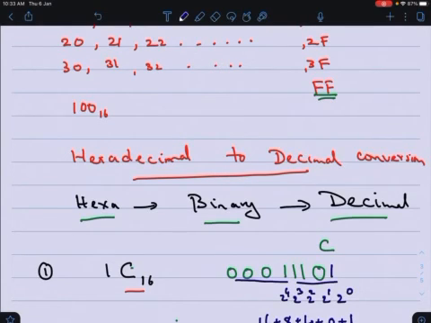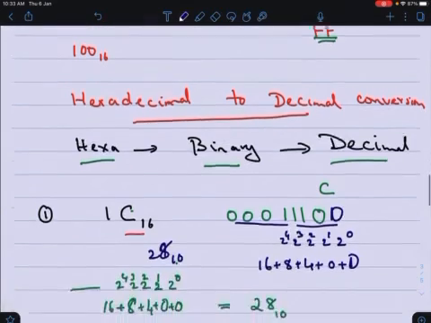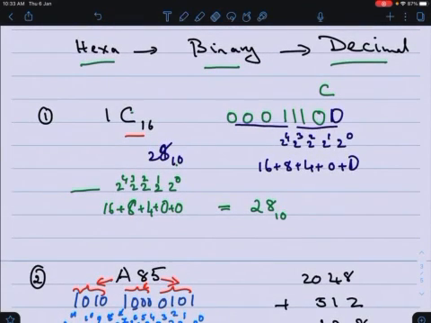So I have 28 plus 1, 29, right? Base 10. Am I correct? 8 plus 4 is 12. Oh, sorry, this is 12 itself, right? It's 28. Okay. So we got it here.